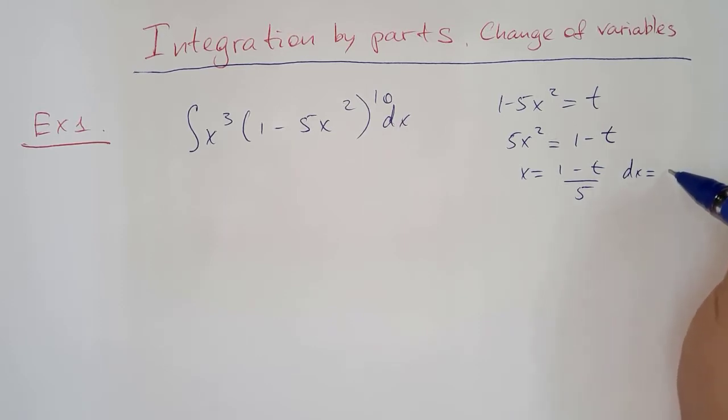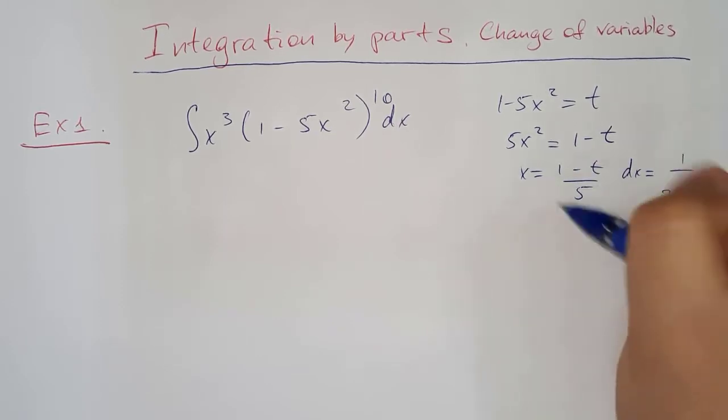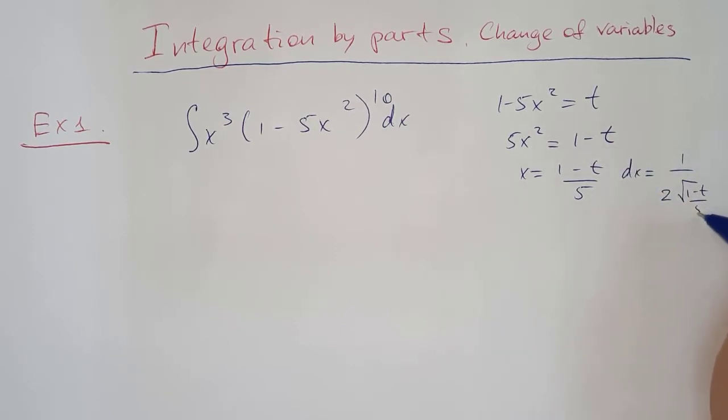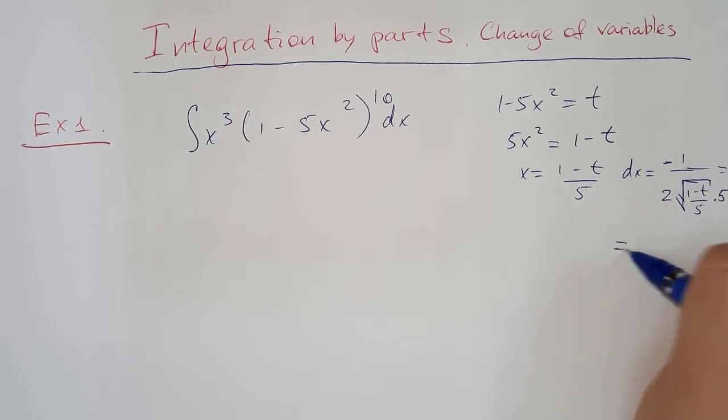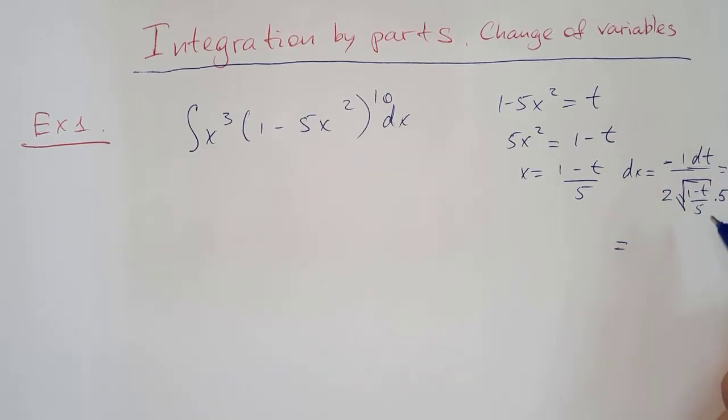It will be 1 over 2 times the square root of (1 minus t) over 5, and times minus 5 over 5, that is minus 1, so it is equal to minus dt, because when we compute dx we need to say with respect to which variable we find the differential.